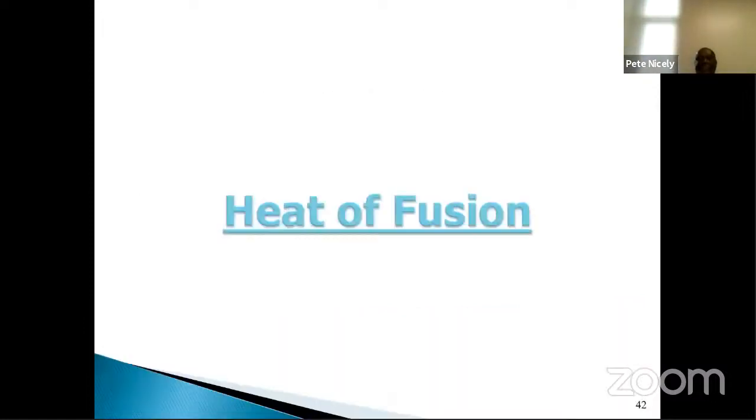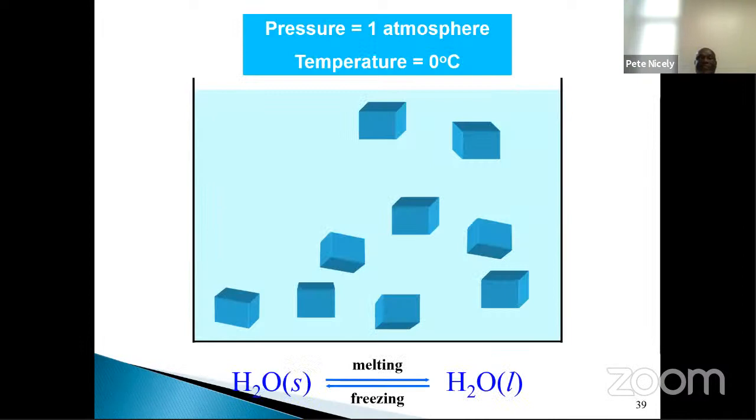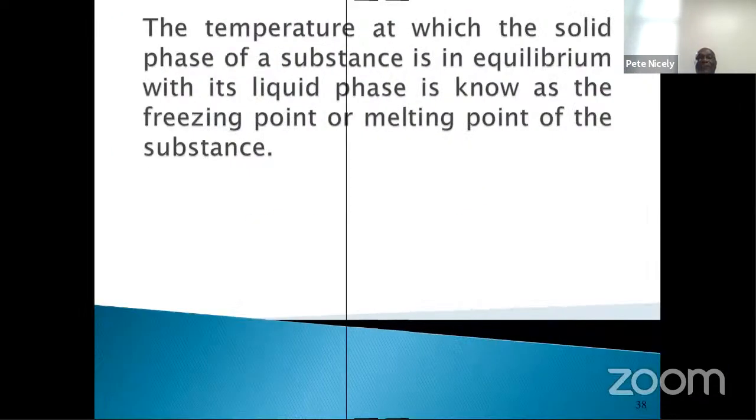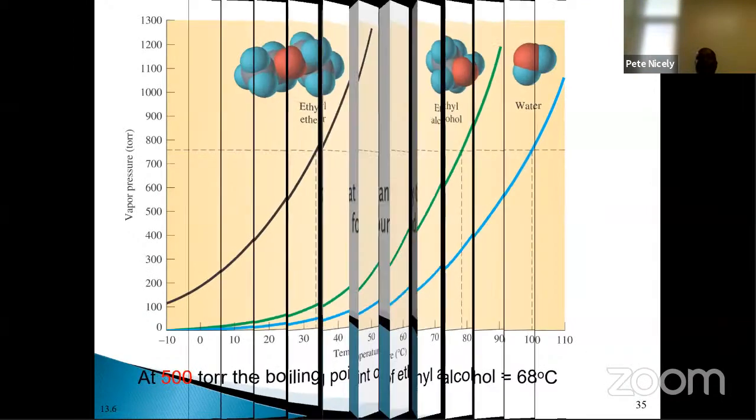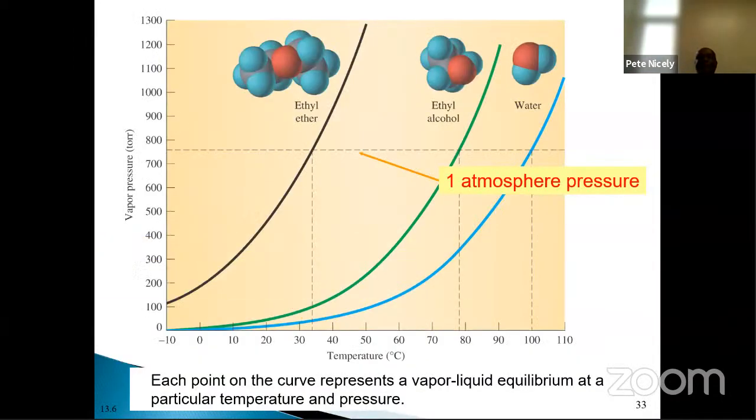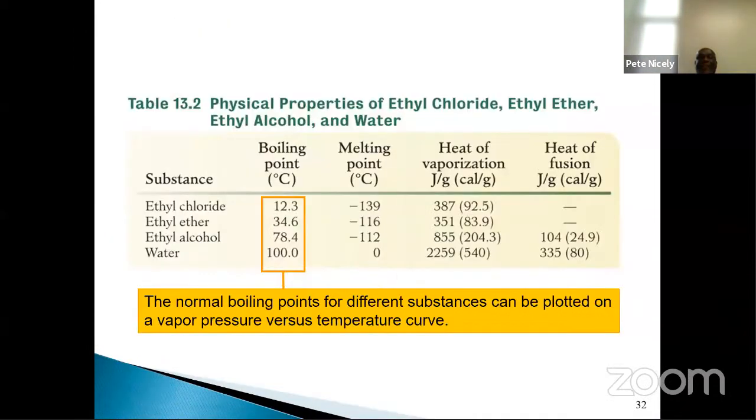And the table I showed you earlier gives you the value of the heat of fusion. Let me go back to it here. Okay, this table right here. There are 4 different substances here, right? The heat of fusion is given here for 2 of those substances, water and ethyl alcohol.